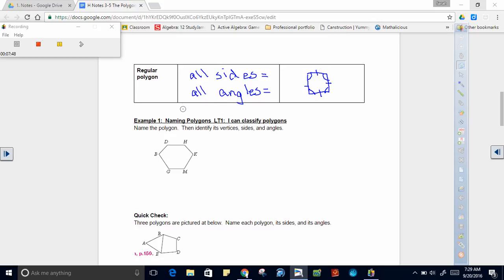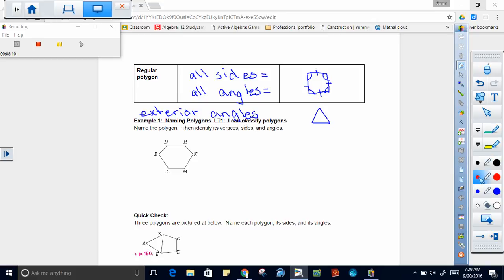I'm trying to remember. I thought there was something else I wanted to make sure you're okay with. Are you okay with exterior angles? I'm just going to add that here, just when it comes up, so you have something else to refer to. Exterior angles of a polygon are just outside. If you were to draw a triangle, to get the exterior angle, you have to extend the sides.